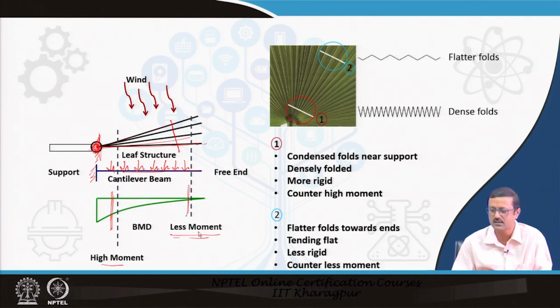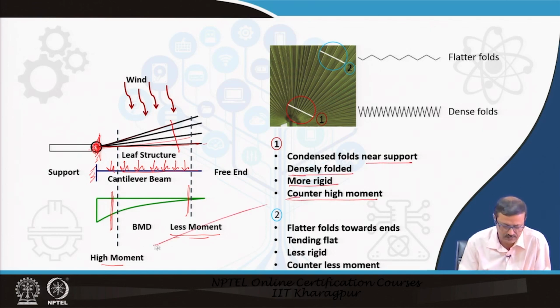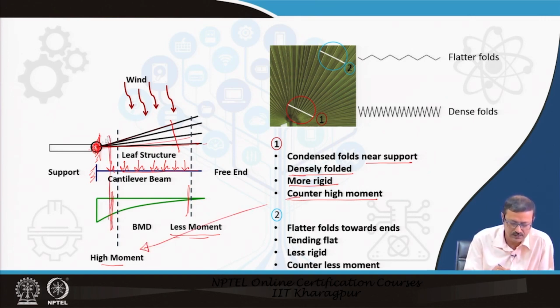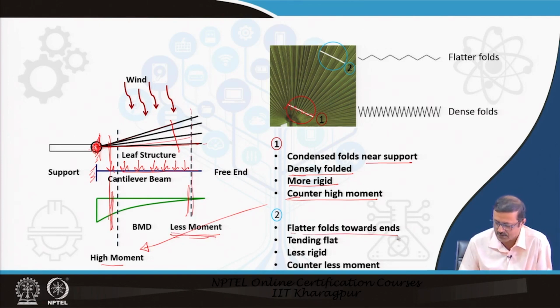Now, compare the flatter fold and the dense fold of these leaves. The condensed folds are near the support; being densely folded, they are more rigid and counter more moment. This is the high moment scenario, with very heavy folds near the support, whereas near the free end the moment is less, and the folds tend to be flatter, less rigid, and counter less moment.